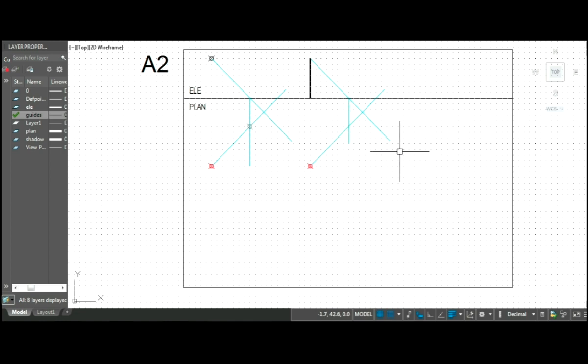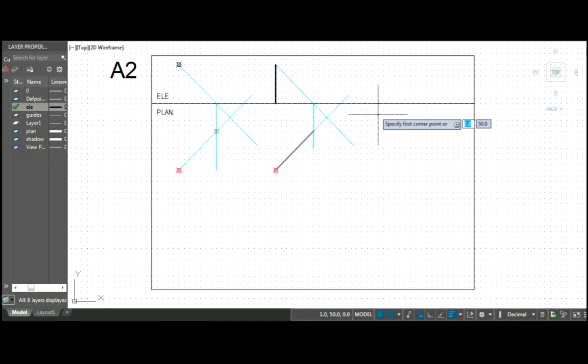So this intersection point will then be joined to the base of the line or the point in plan. So this is the shadow.